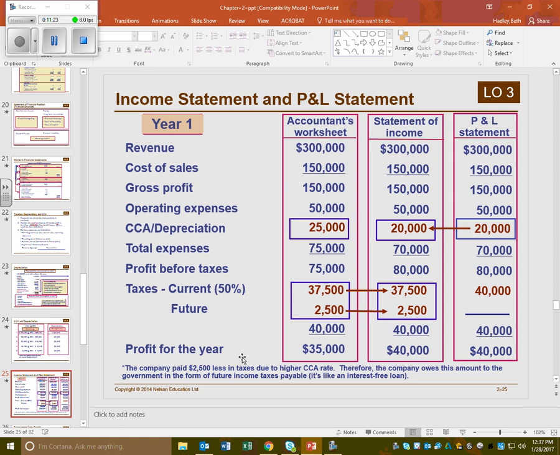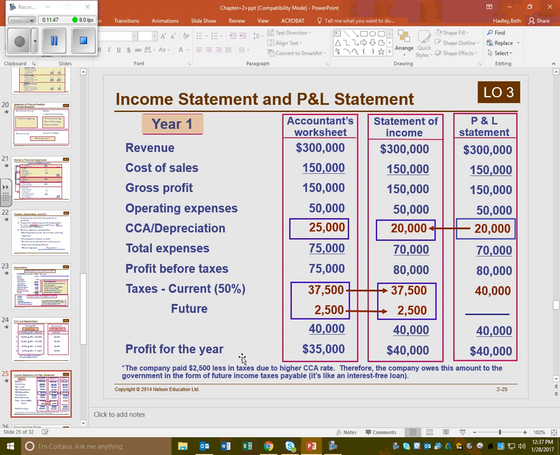So therefore, profits before tax is different. It's 75,000 on your accountant's worksheet, and when we're looking at our profit and loss statement, it is showing 80,000.